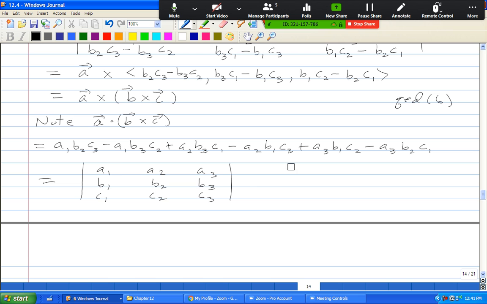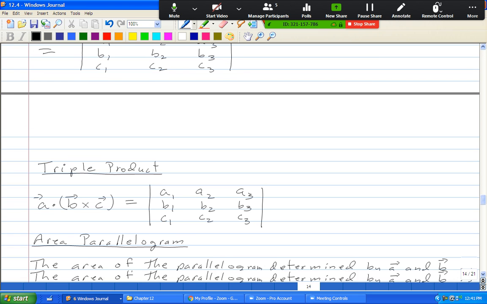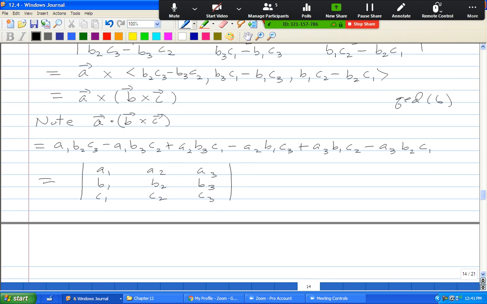And so these are the same. And so we have what's called the triple product.